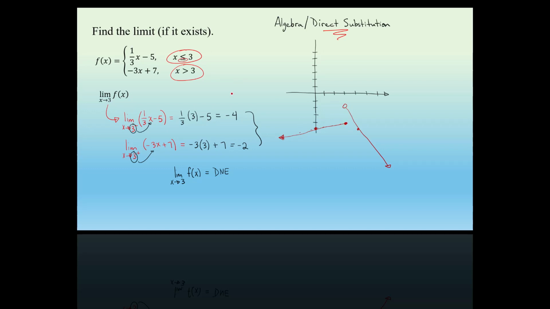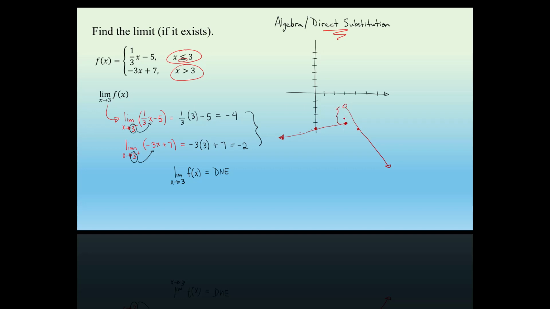Okay, the second piece says x is greater than 3, and the function is f of x equals -3x plus 7. Notice that this time it's just greater than 3, so I have an open circle. But if you pay attention to x approaching 3, as we're approaching 3 from the left, the function value is going towards -4. From the right, the function value is going towards -2.